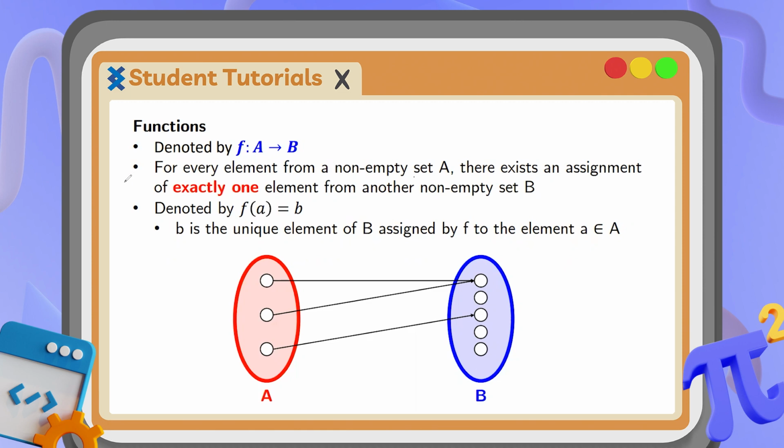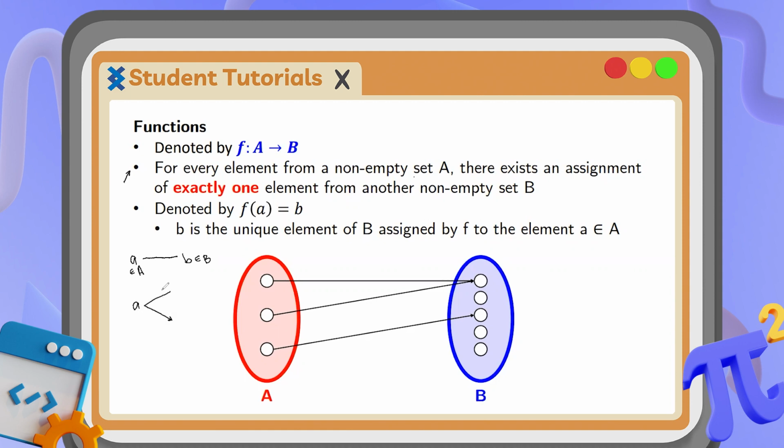So here, when we say that element A is assigned to exactly one element from another non-empty set B, here we have the element A, and for it to be a function, it should map exactly to only one element in B. And this one will be an element in A. Now, for it to not be a function, we can consider two cases.